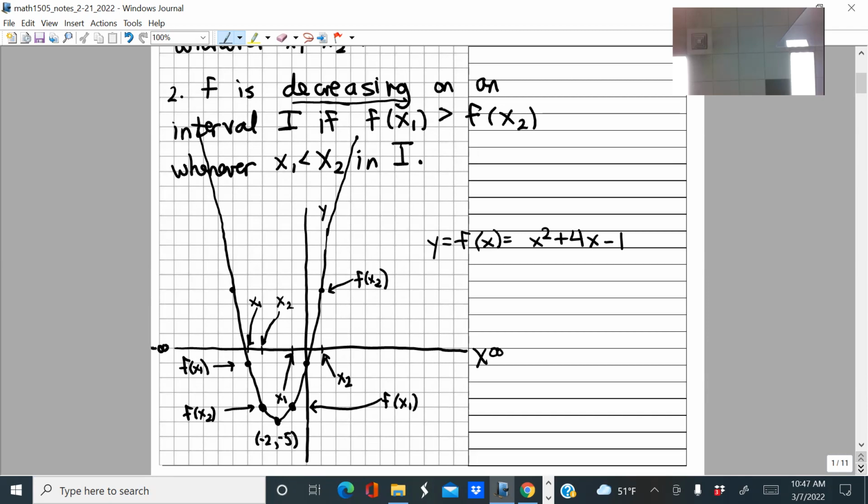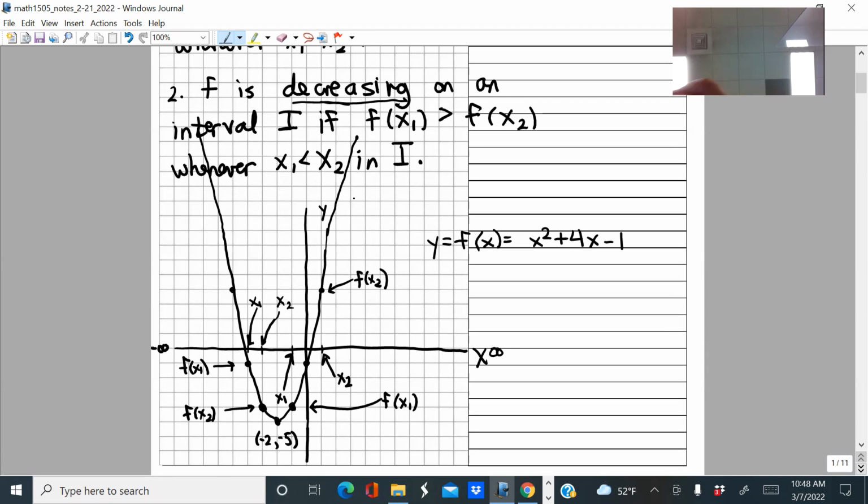So how do we decide if a function is increasing? Look at this particular picture. Here's just some function that I've drawn. This is actually the graph of x squared plus 4x minus 1, but the formula is not meaningful to us; it's the graph that we're interested in. We say a function is increasing if, when you increase x, the y values, the output values, also increase.